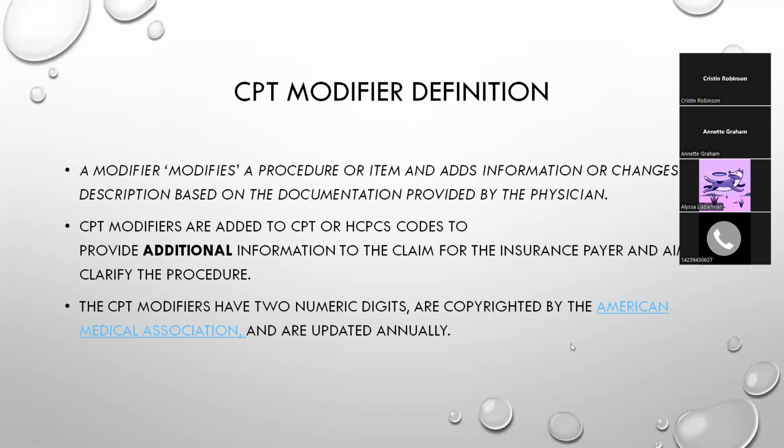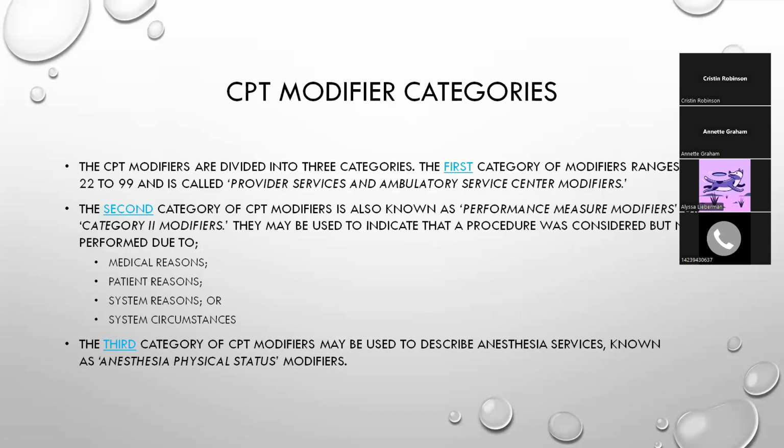This is super important to know if you're just starting your journey, or if you've been coding for years. It's very important to stay on top of modifiers because sometimes they add new modifiers, and they will update the definitions. So it's very important to understand not only what they do, but how to appropriately append them on your claims.